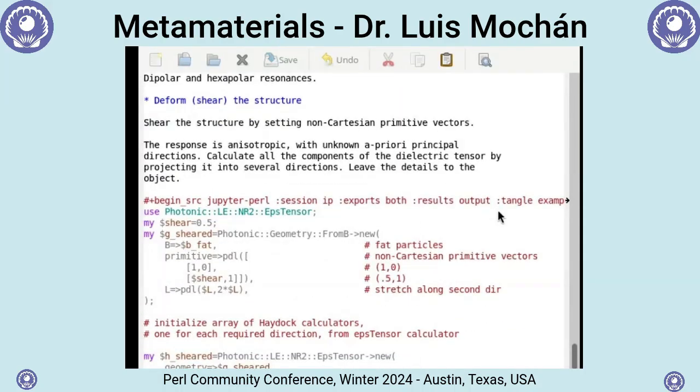Okay, once one has the sheared system, I hope it doesn't take too long, but now my time is almost running out. Hopefully in a few seconds I can show you the results.